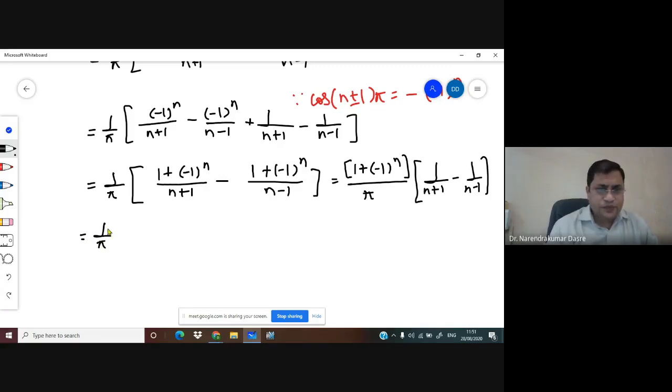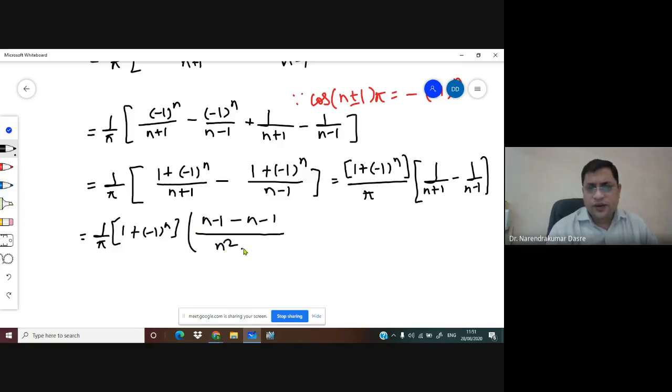So let us simplify this. 1 upon pi, this is 1 plus minus 1 raised to n. Now we can have, okay, so here we'll be having this n minus 1 minus n minus 1 upon n square minus 1.